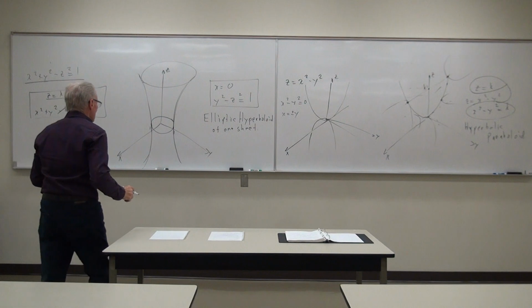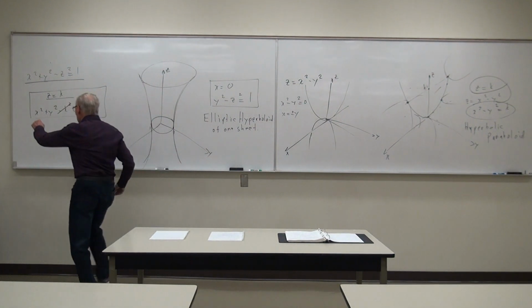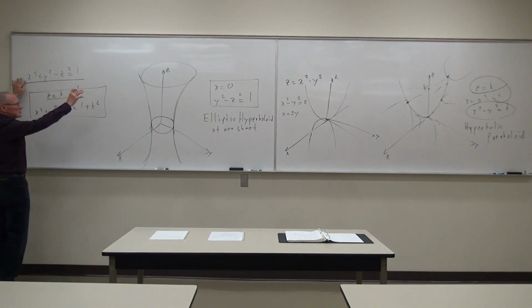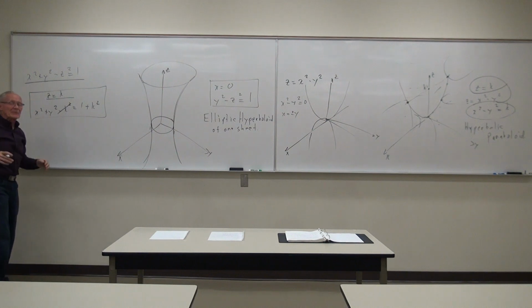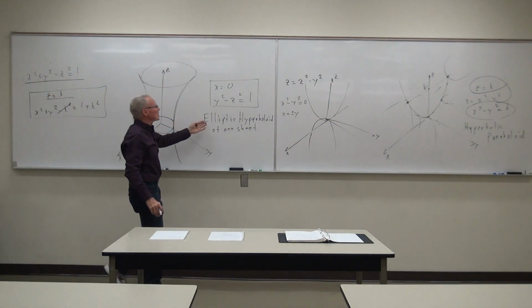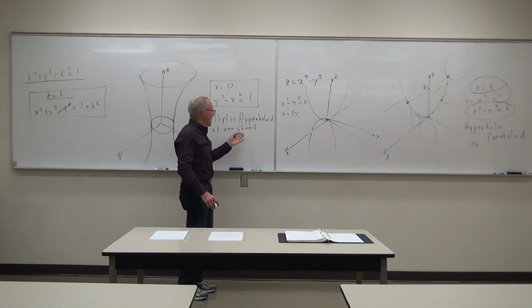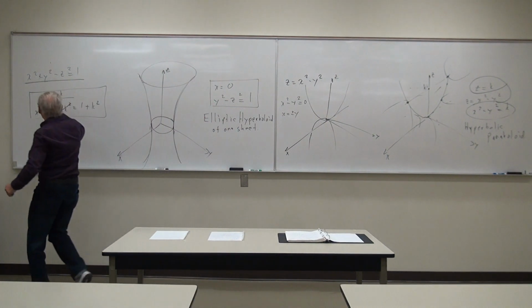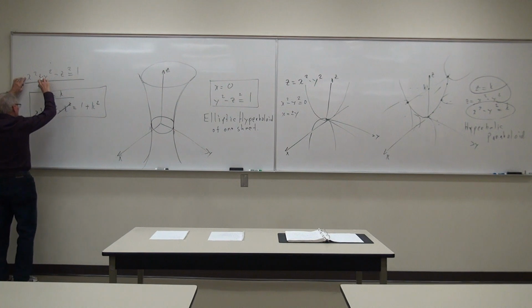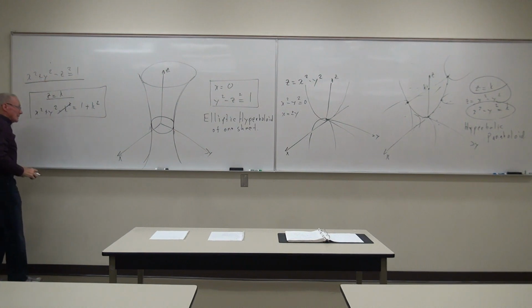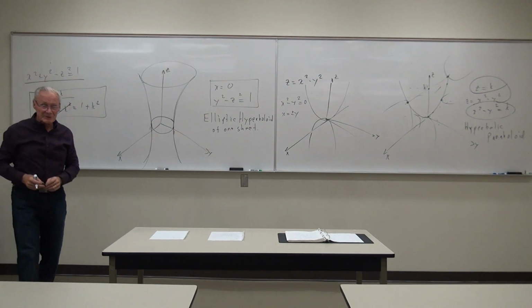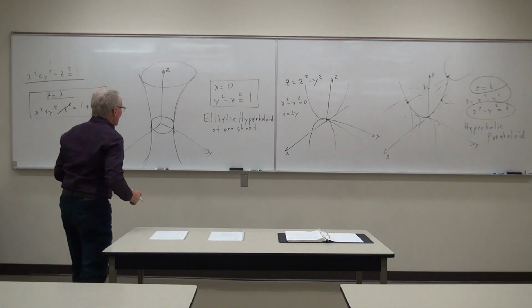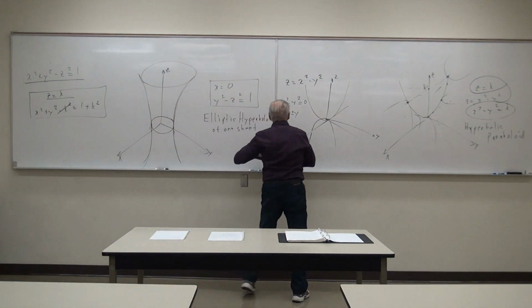You can see the word elliptic. If I were to put a 3 here, then these wouldn't be circles, and you might want to call this a circular hyperboloid of one sheet. But elliptic covers them all. For any positive number you put here and here, you get an ellipse. So there's that one. Next one.